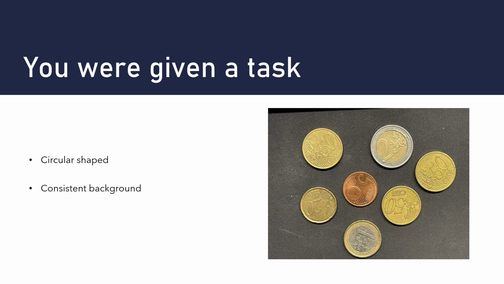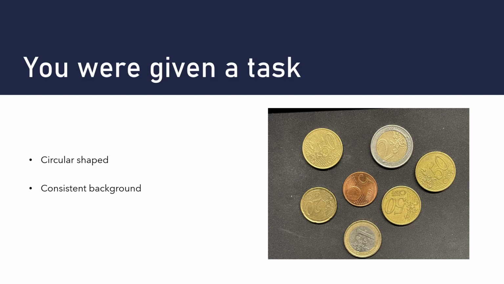So it's always easier to work with consistent backgrounds because the more colors, the more noises in the image, and then the more work you need to do to actually implement something. So yeah, that's good. Let's just use that to our advantage.